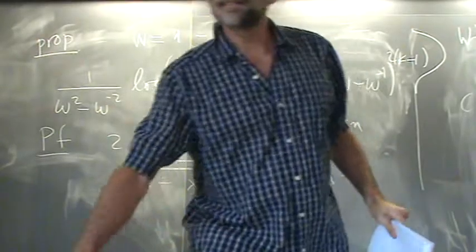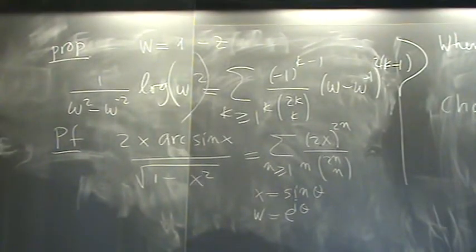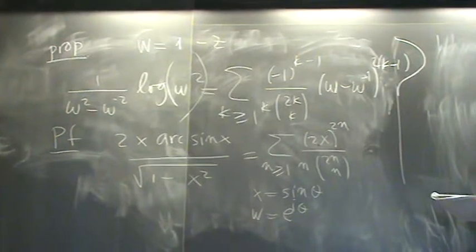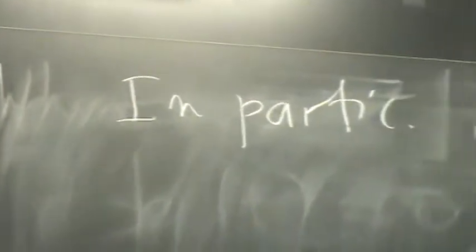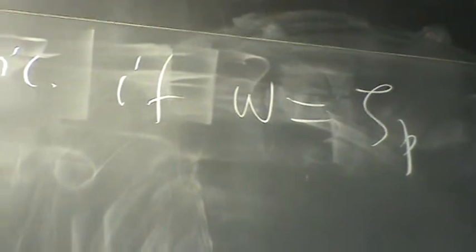Now you'll see this is both great and annoying, because I wish I could do this for the cases that I can't. But, well, to be happy it works here. So, in particular, if w is equal to a primitive p-th root of unity, then the right-hand side equals 0.